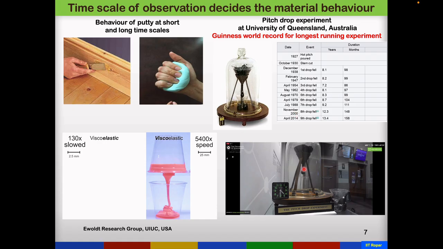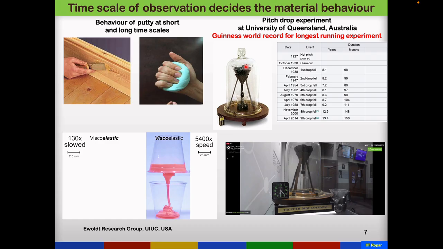If you search on Google by typing the name, pitch drop experiment, you will still be able to see it, because there is a live demonstration still going on. So the main thing is that the time scale of observation is very important when you want to designate a material as fluid or solid, or both, since it has both solid and fluidic behavior.